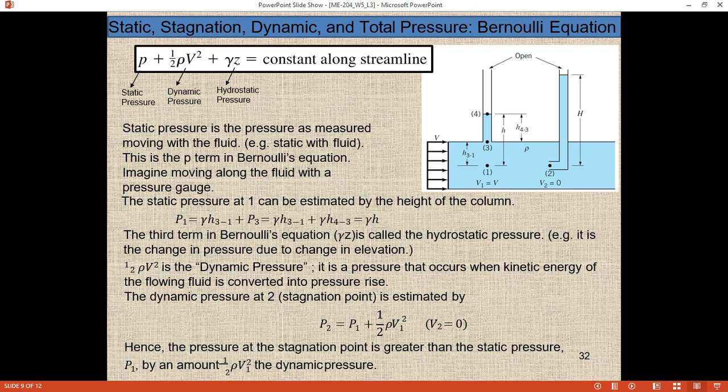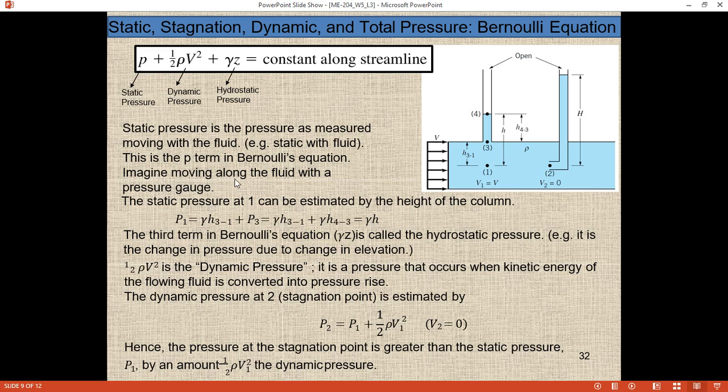Okay, so we can say the static pressure is the pressure as measured moving with the fluid. Okay, that is static with the fluid. This is the P term in the Bernoulli equation. So this is the term basically which indicates the static pressure in the Bernoulli equation.